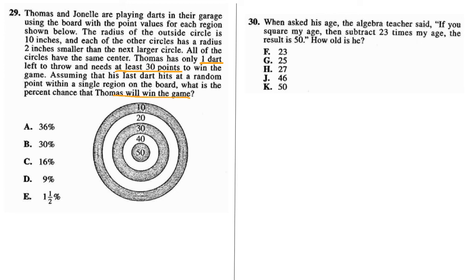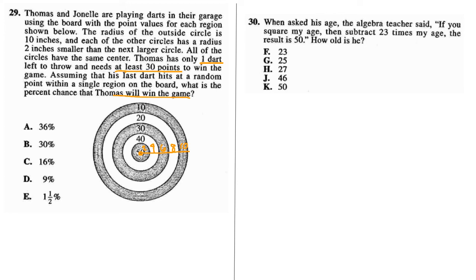So he needs at least 30 points. So let's look. If we're starting here and going out, I know the length of this outside is 10. So 8, 6, 4, and 2. Now he needs at least 30 points.